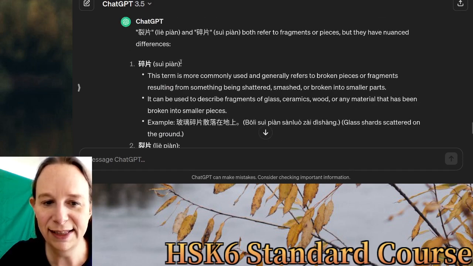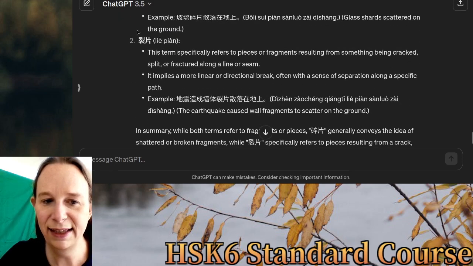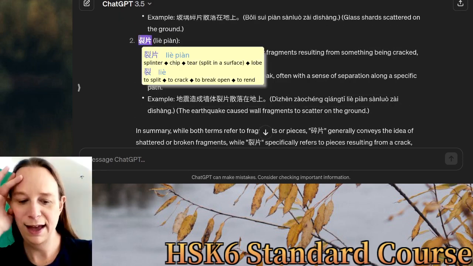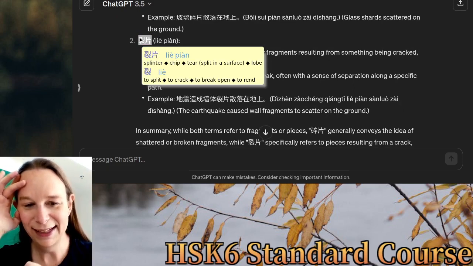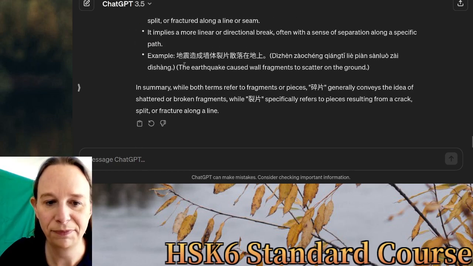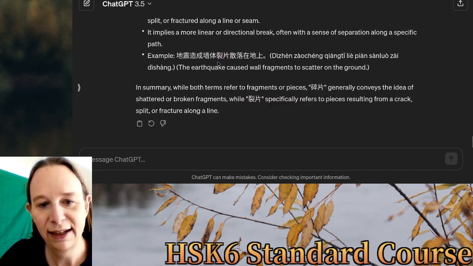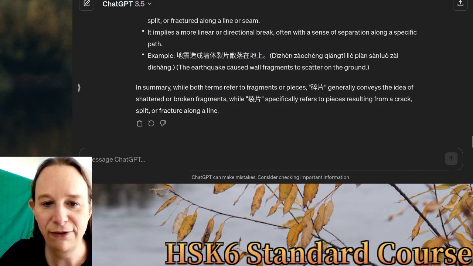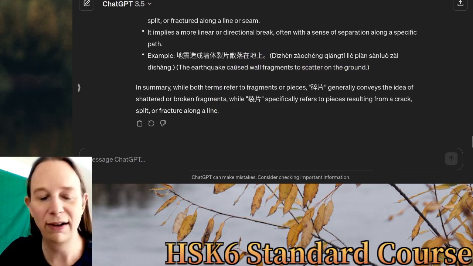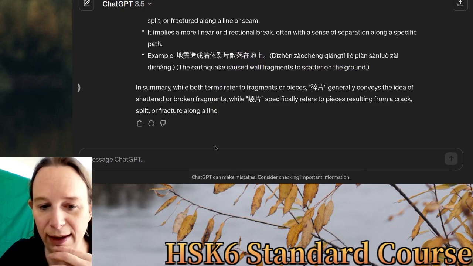So the same concept, but this one is from the 裂开. Something is 裂开 and split into 裂片, it seems. 地震造成墙体裂片散落在地上. So fragments of the wall are all over the ground because of the earthquake. Okay, that makes sense.